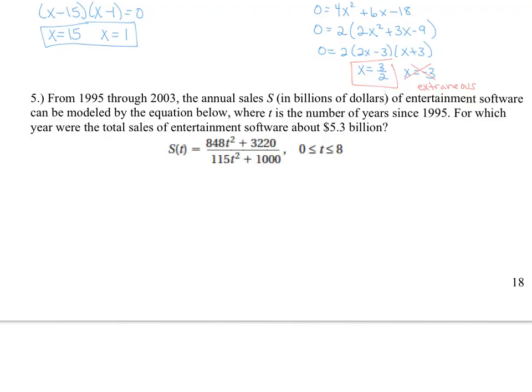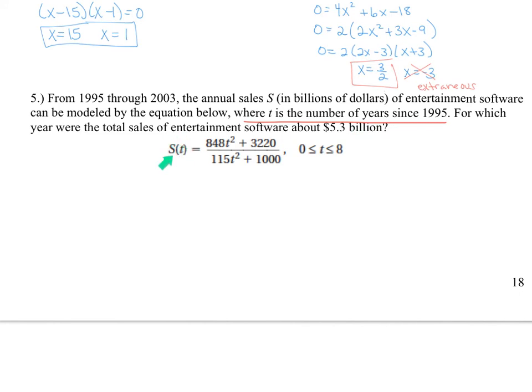And in this last problem, it says from 1995 through 2003, the annual sales S in billions of dollars of entertainment software can be modeled by the equation that's below, where T is the number of years since 1995, so that's going to be our initial time, for which the year where the total sales were 5.3 billion. So they're giving us the S value here, the sales.